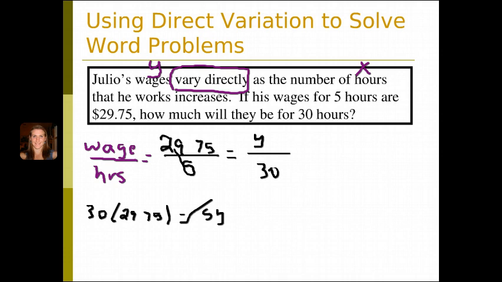So all we did was cross multiply. Okay? To solve for y, you have to divide both sides by 5. And you get that y equals $178.50. You need to write your dollar sign because it's a word problem.